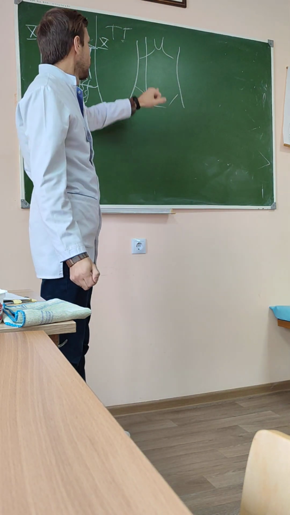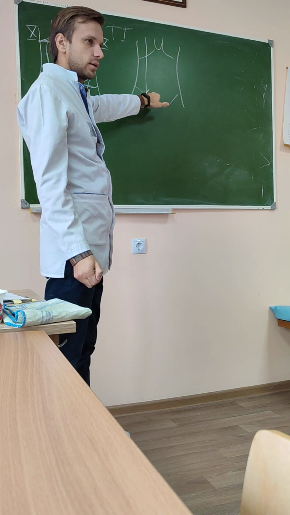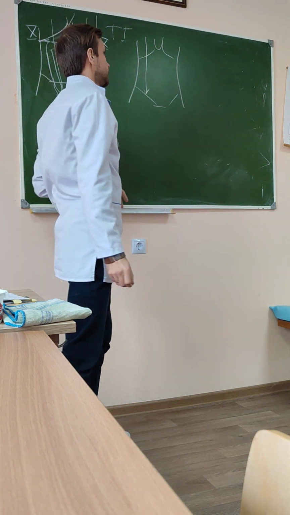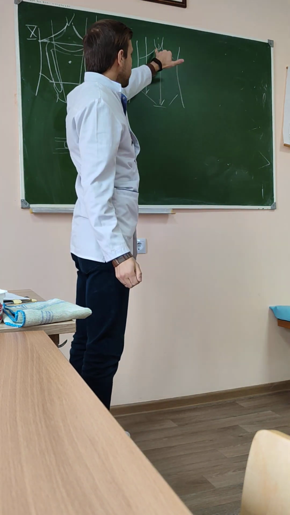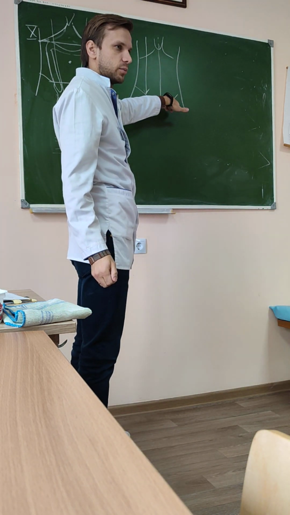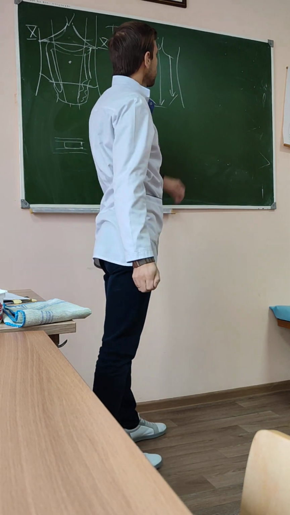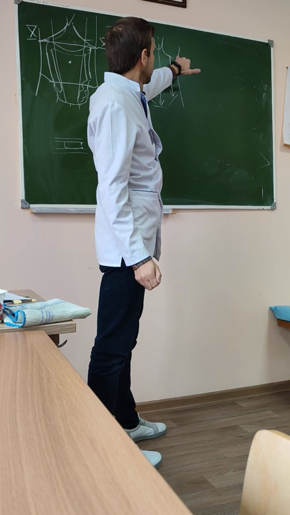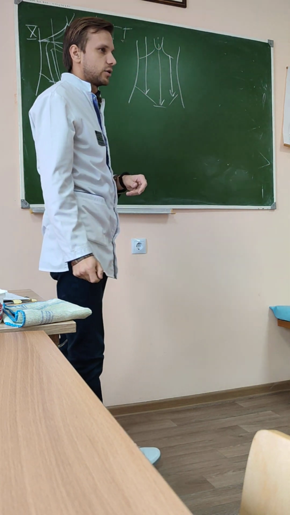First line goes through the hypochondrium, flank, and iliac region on the right side. Next, central line, epigastric, umbilical, suprapubic region, and one more time in the left side, hypochondrium, flank, and iliac region.